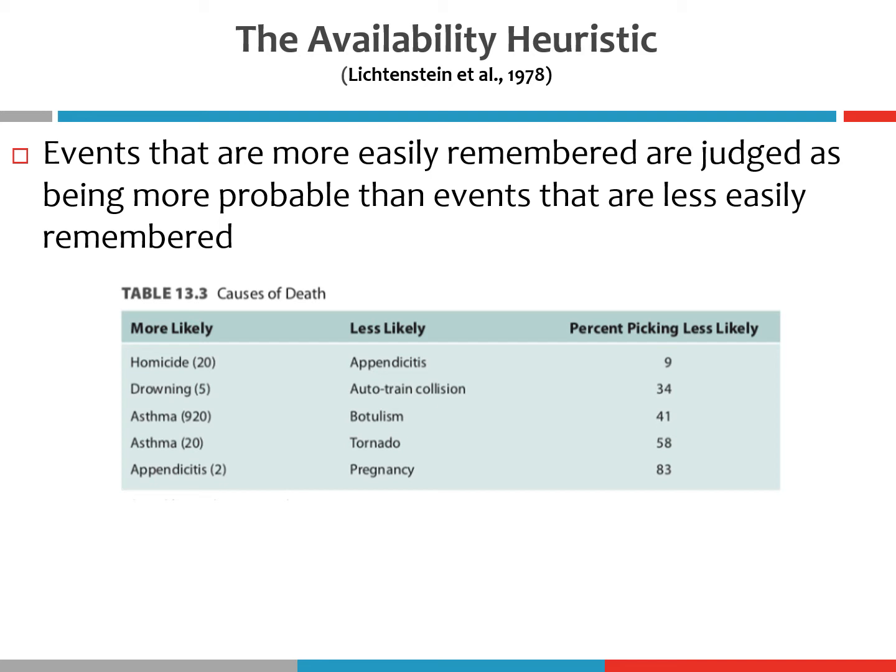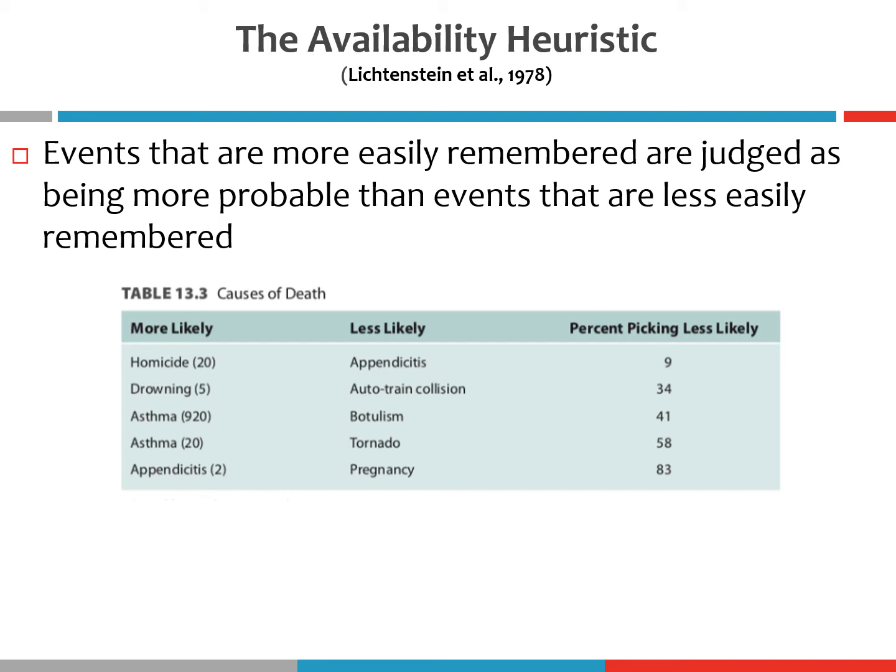And because of that, because causes of death like tornadoes and botulism receive a lot of media attention, people tend to have very rich, very elaborate memories of people succumbing to these deaths.